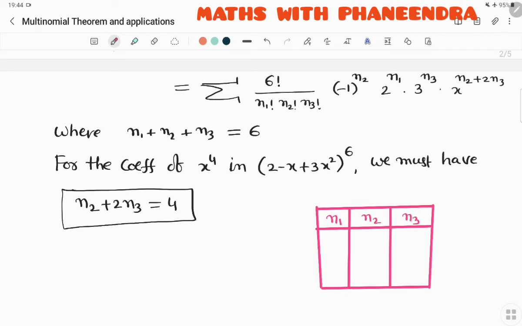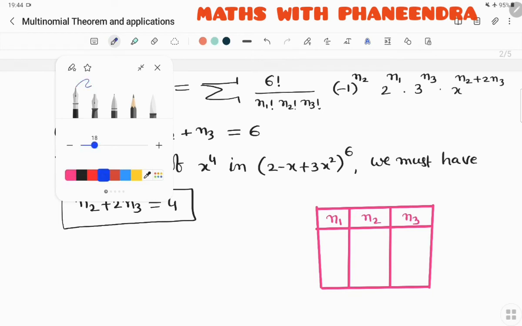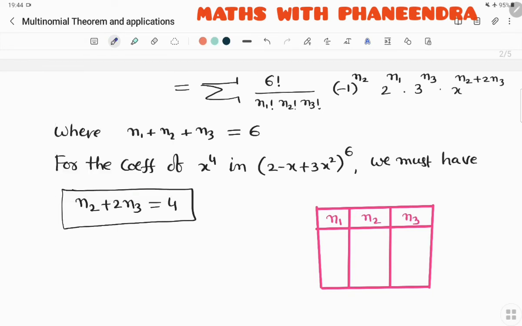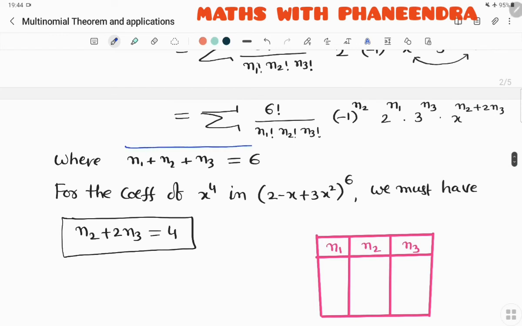So what are the possibilities we are going to get? That I will explain. Anyway, suppose one condition we have here, n1 plus n2 plus n3 is equal to 6. To satisfy both the equations, we need to solve n1 plus n2 plus n3 is equal to 6 and n2 plus 2n3 is equal to 4. First we will solve it. After that we will get the different values of n1, n2, n3.